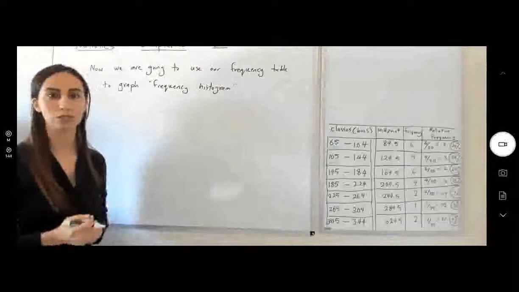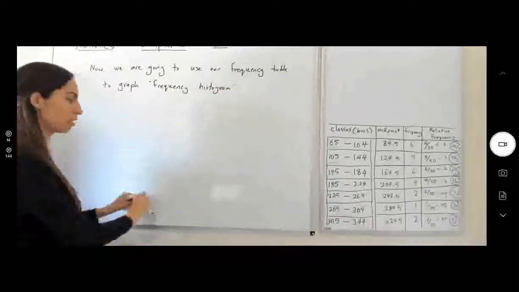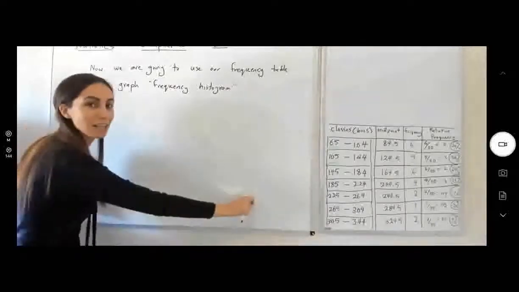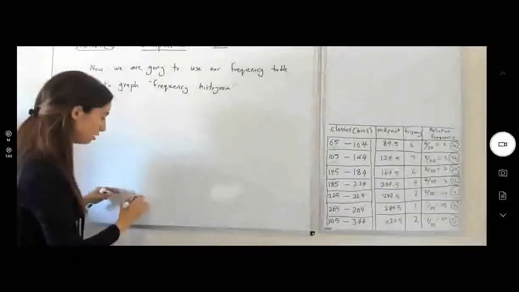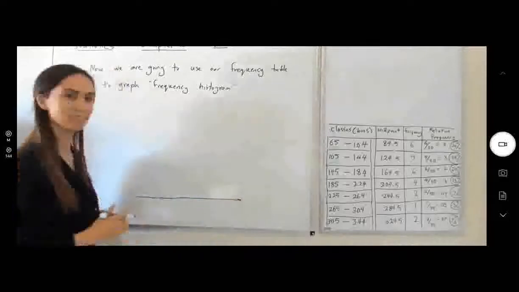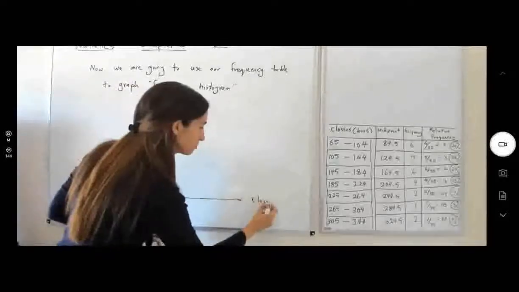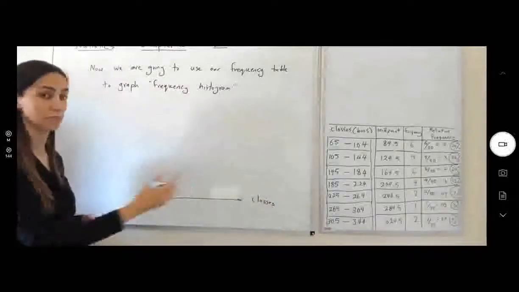So how does it work? First of all, to graph a histogram, we need a horizontal axis. We have classes listed on the horizontal axis. So you start by having a horizontal axis, classes. We have 7 classes.